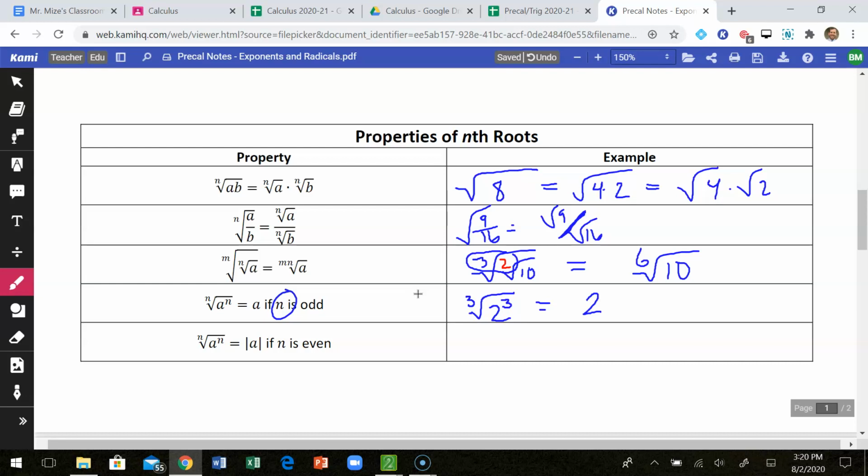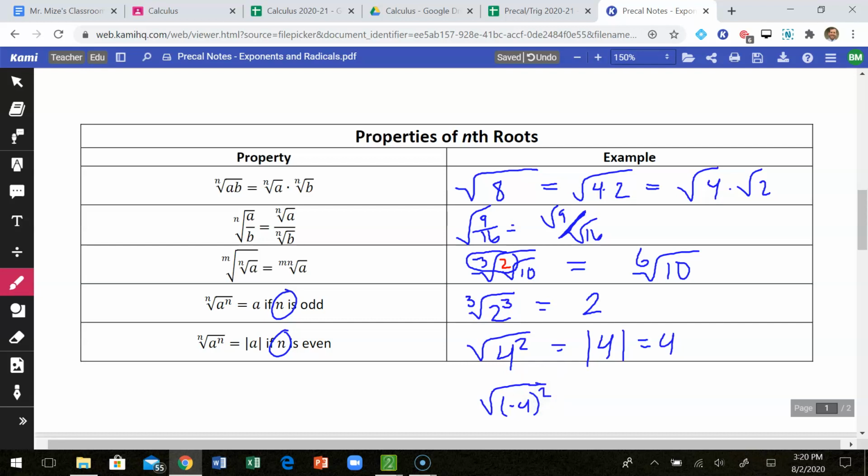However, if n is even, so if I were to do the square root of 4 squared, I have to be careful here. I get the absolute value of that number inside there, which is going to give me 4. Some people think, hey, if there's a negative inside there, that doesn't work because I can't do the square root of a negative.